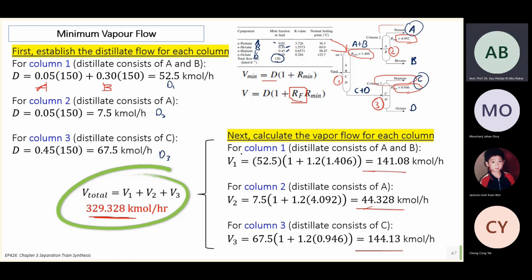Next step, once you get the distillate for each column, next is to calculate the vapor flow. Vapor flow for each column. So to calculate the vapor flow, this equation. We are not looking for V min. This is vapor flow.